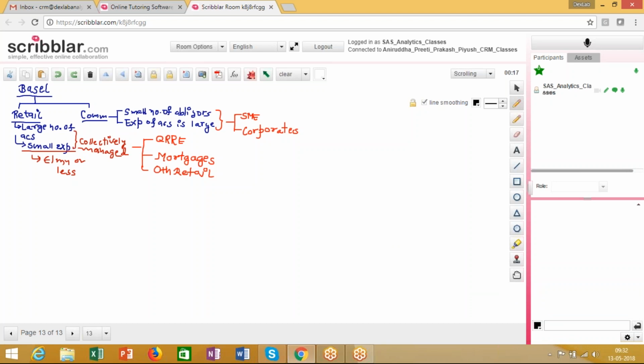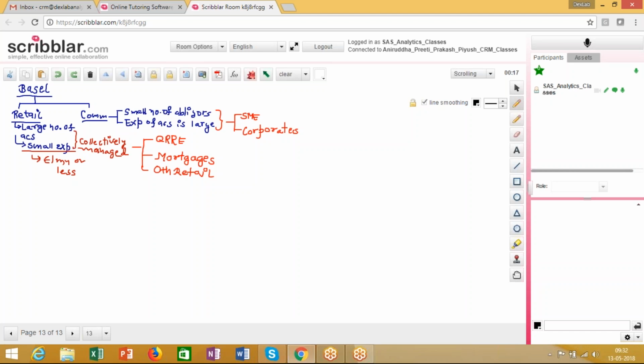And these accounts are collectively managed. And when I say it's a small exposure, what do I mean by a small exposure? By small exposures, I mean exposures less than 1 million euro, right? 1 million euro or less, and these are collectively managed.